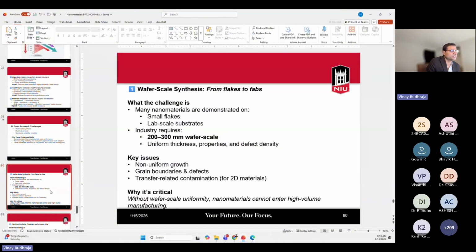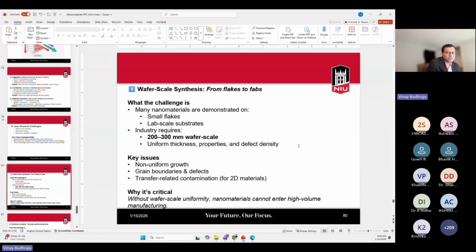First is the wafer scale synthesis, from flakes to the fab. The challenge is that many nanomaterials are demonstrated on small flakes, lab scale substrates, and industry requires 200 to 300 millimeter wafer scale. Means with silicon, you can easily produce wafers of 200 to 300 millimeter, but with graphene, carbon nanotubes and many different nanomaterials, they are mainly thin film based.